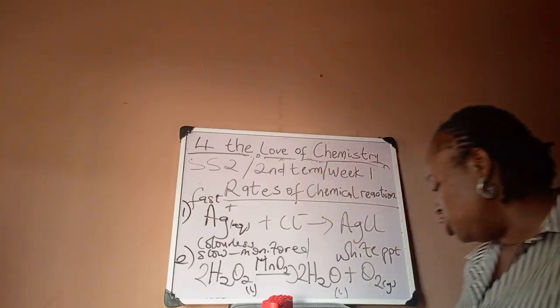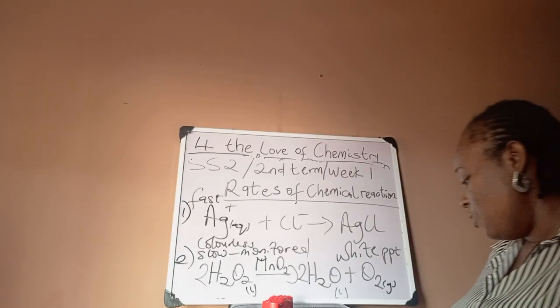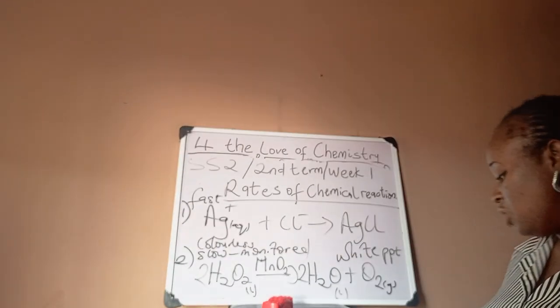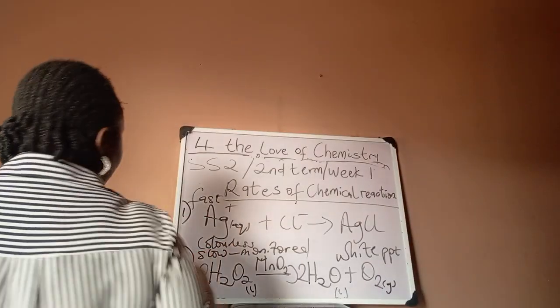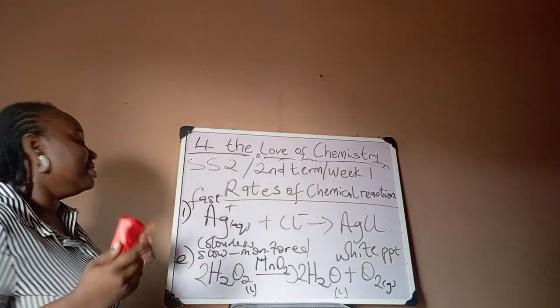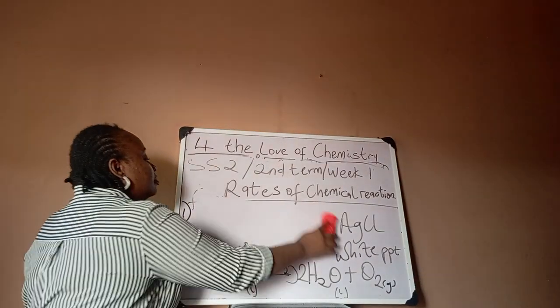Then some reactions will not commence unless heat is applied or reactants are ignited. For instance, the decomposition of calcium trioxocarbonate(IV) during heating. So another type of reaction, this one is fast, this one is slow, then some will not even start unless heat is applied.